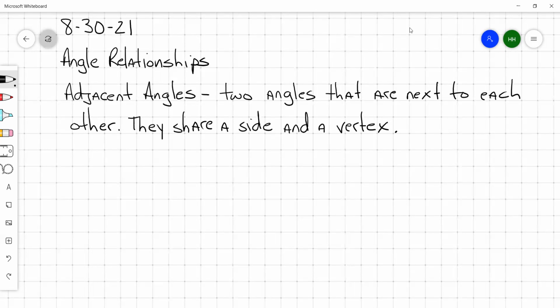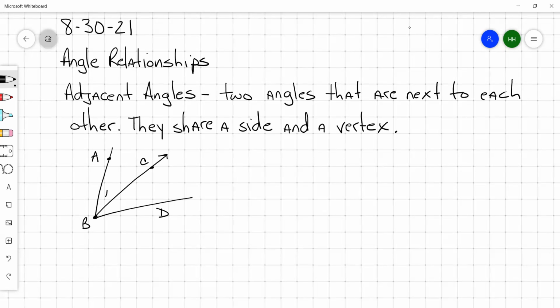All right, so a picture of some adjacent angles. If we label these angles right here, we got this angle up top. If I put a 1 down here, that could be called angle 1. It's also angle ABC.